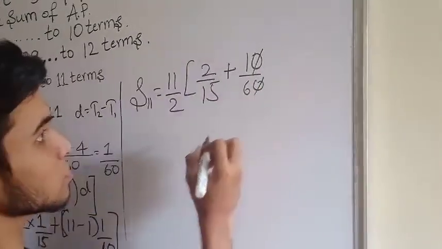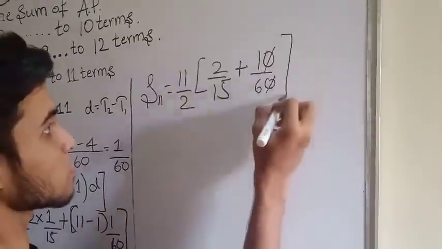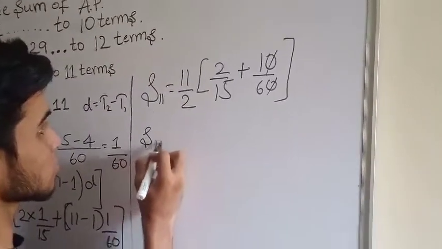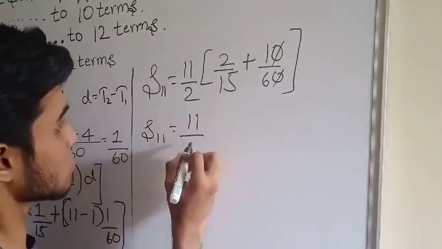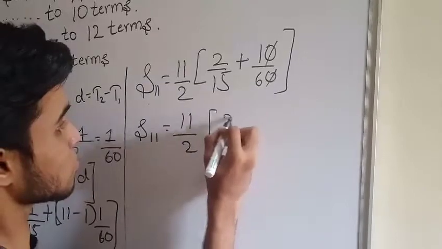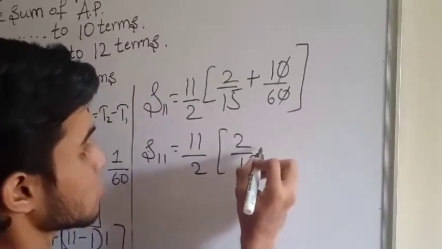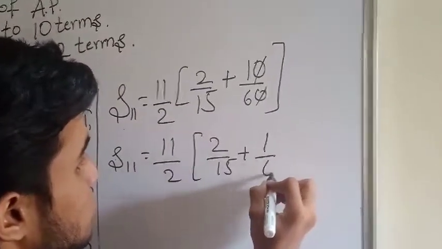You observe 2a: 2 into 1 by 15 is 2 by 15, plus 11 minus 1 is 10, 10 into 1 by 60 is 10 by 60. Then 2 by 15 plus 1 by 6.